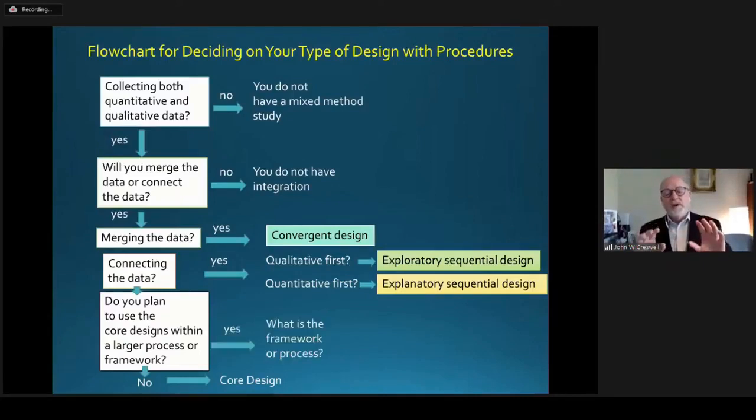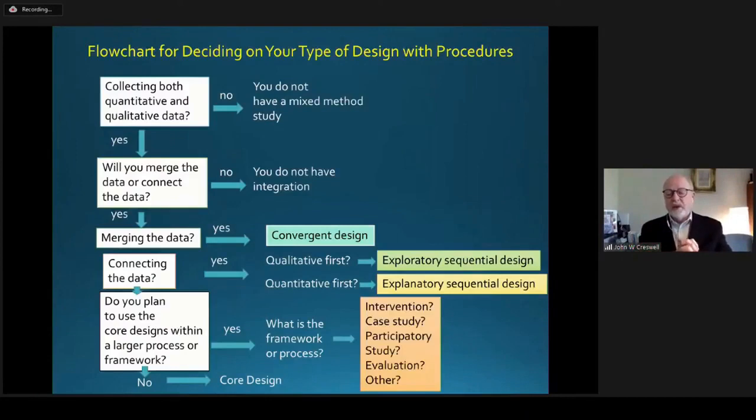But if you are, now what is the framework or process that you're using the core design in? Is it an experiment, intervention trial, case study, participatory action research project, evaluation, network analysis. There's a lot of possibilities.